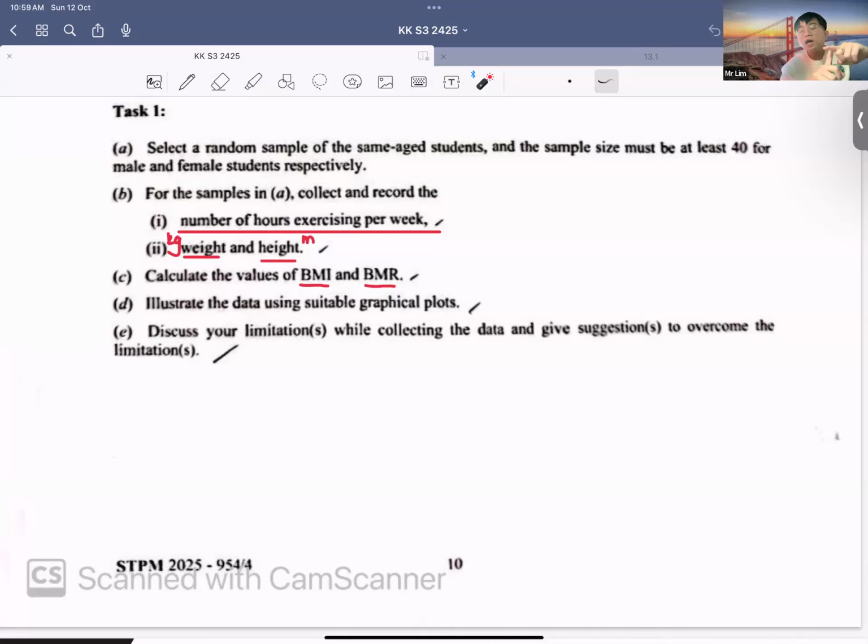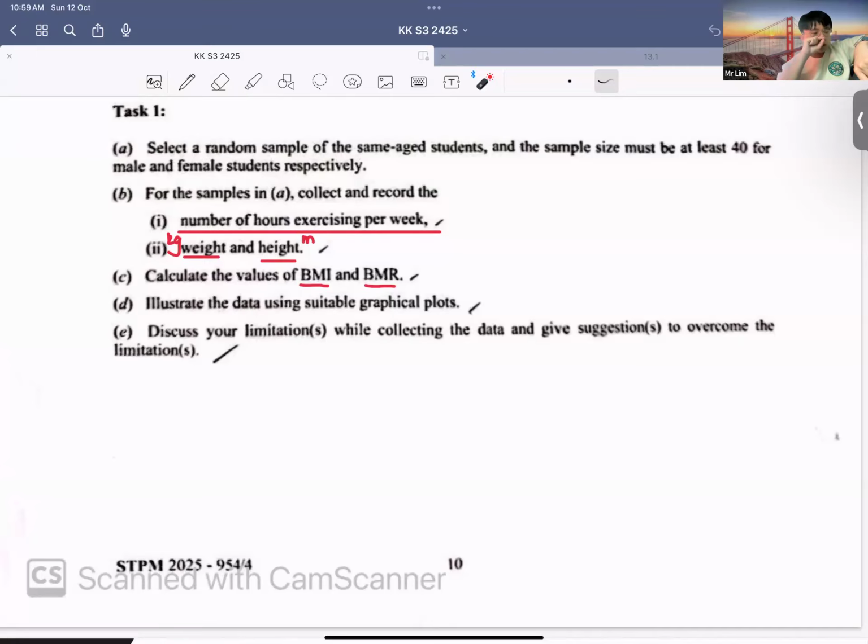This kind of person can control their weight very well, but the number of exercising hours cannot show directly how he or she controls her weight. So this can be another factor that can affect it, but we didn't count it.